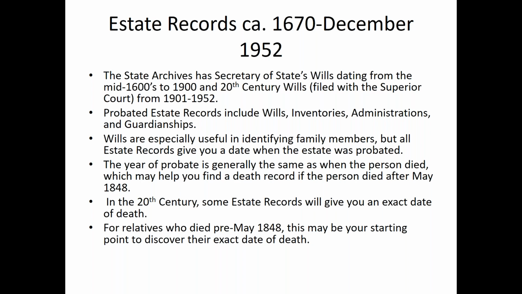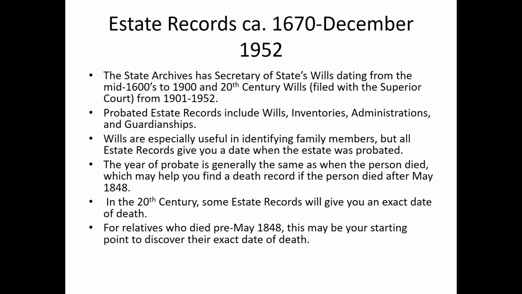The estate records are in two collections at the archives. The Secretary of State's wills and estate papers, which date from the mid-1600s up to the 1900s, and the 20th century wills, which are from 1901 to 1952.